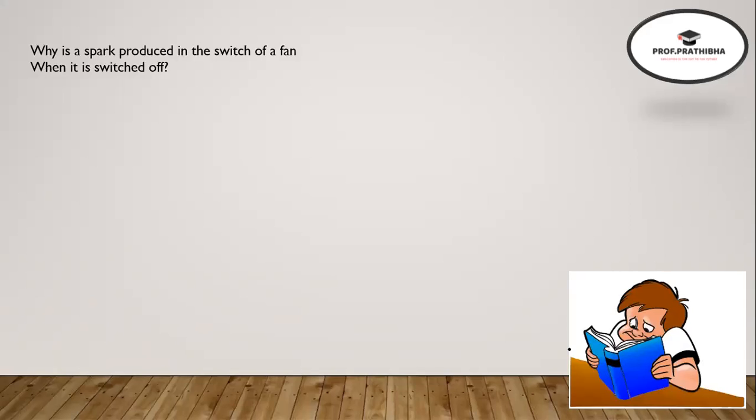Okay, then why? When you switch off something, the fan, the television, you see a spark. What could be the reason behind it? So you must remember that the break of the circuit is very sudden. Yes, correct.